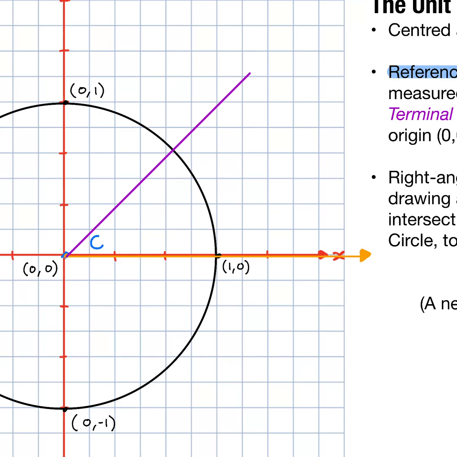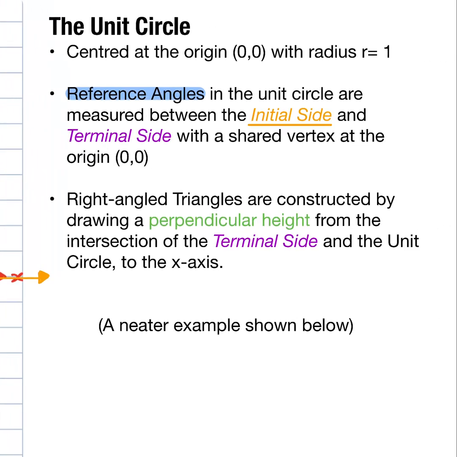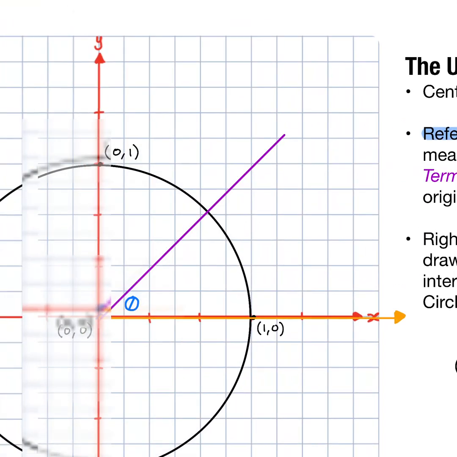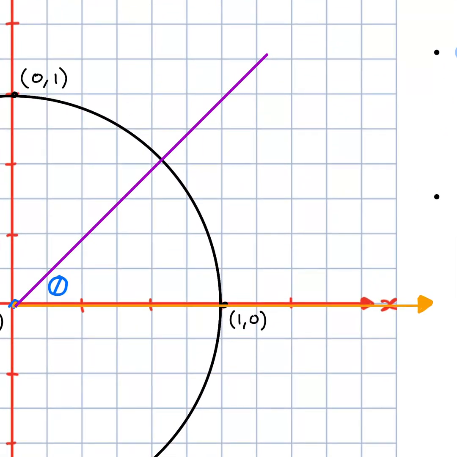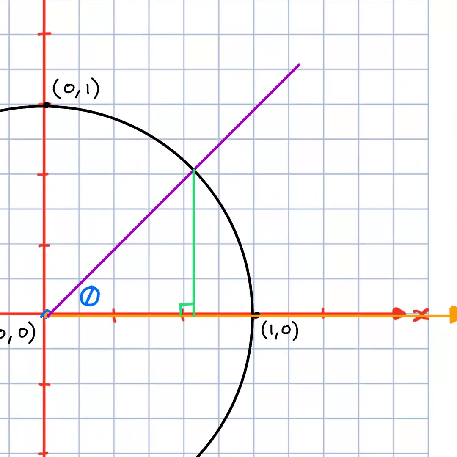And we label this our reference angle. And the triangle that we generate is the intersection between the circle and the terminal side. So this one here, and we draw it down to the x-axis. That there is our right angle triangle.